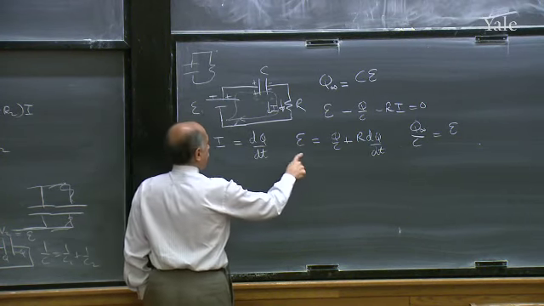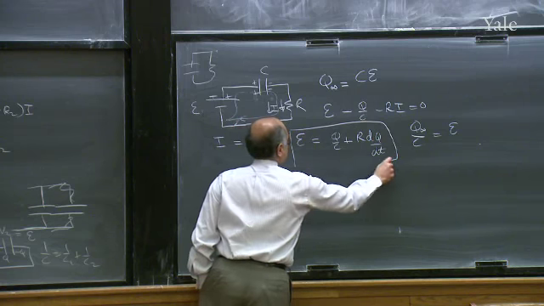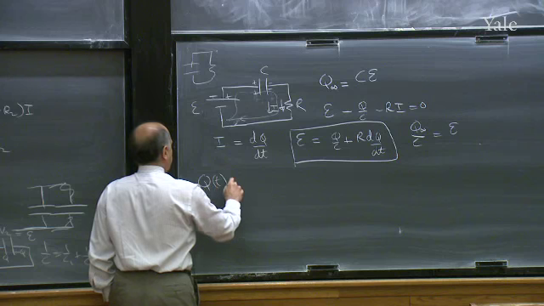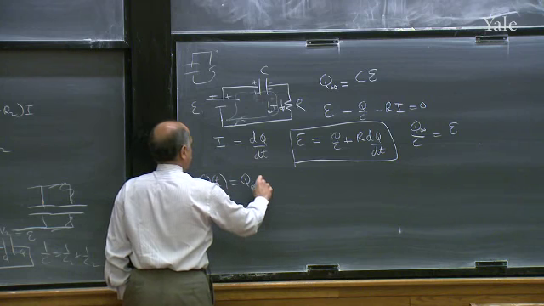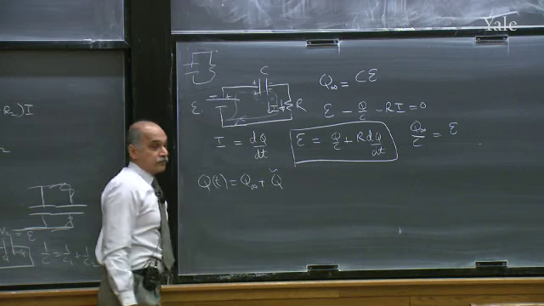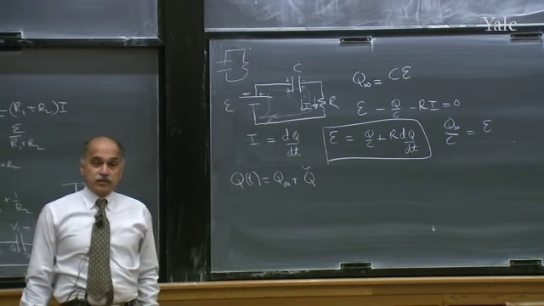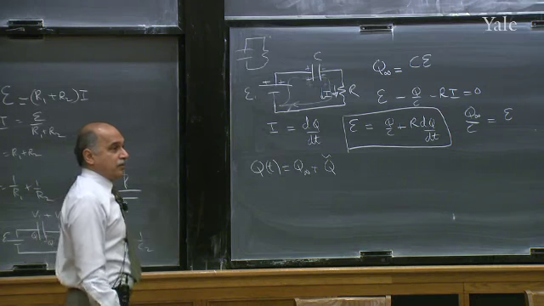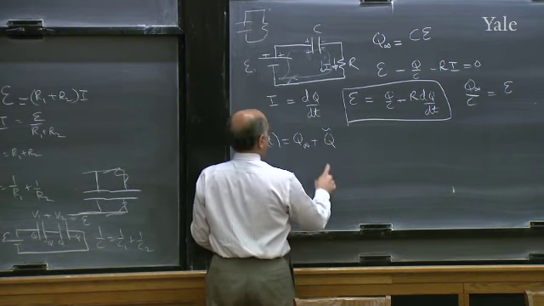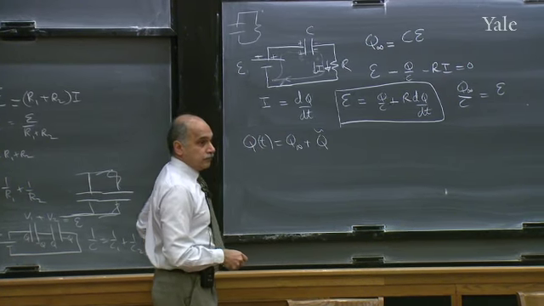So let me solve. Our goal is still to find Q as a function of t, starting with this equation. So we are going to write Q as a function of t as Q infinity, which is the asymptotic value, plus some Q twiddle. You can always write your answer as Q infinity plus something else, and something else will adjust itself to make this true. But let's find the equation for Q twiddle.